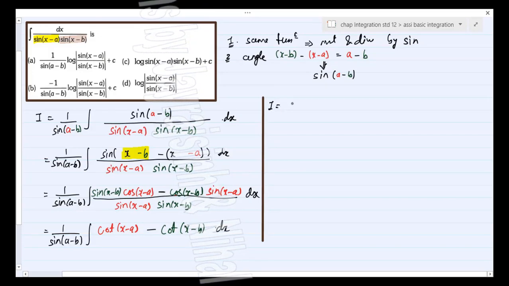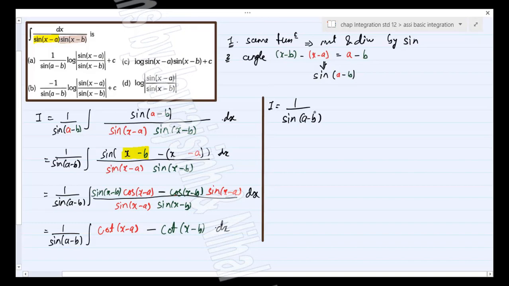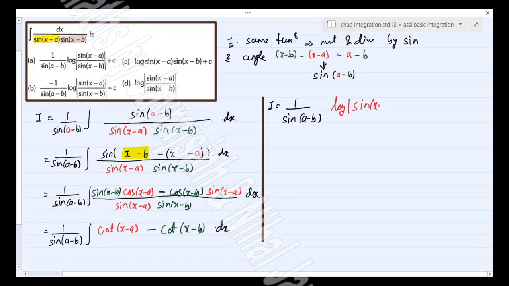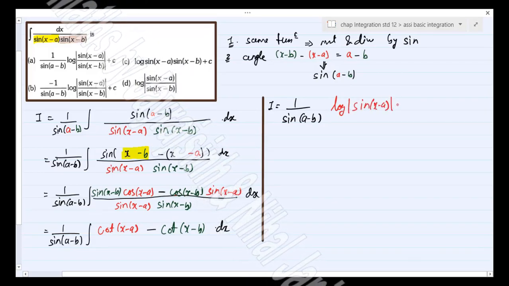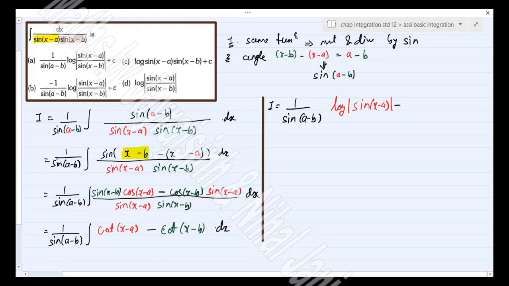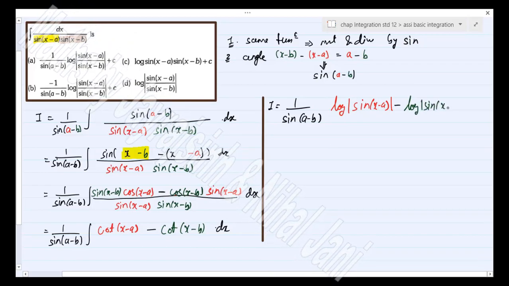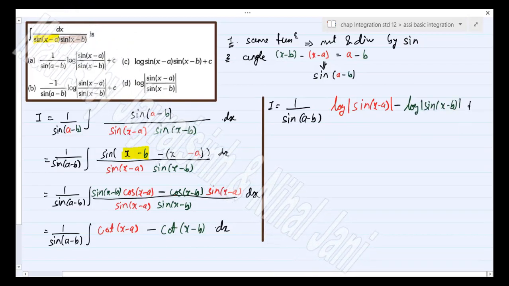So we are ready for integration. This 1 upon sin(a minus b) will be as it is. Integration of cot(x minus a) will be log mod sin(x minus a), minus integration of cot(x minus b) will be log mod sin(x minus b), plus c.